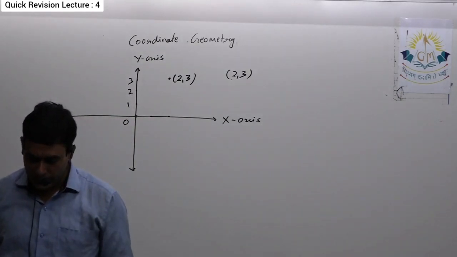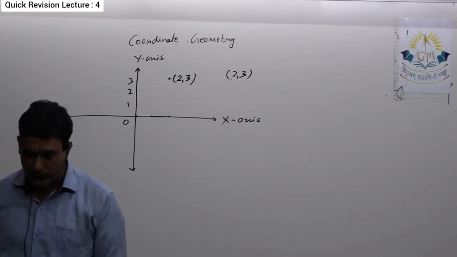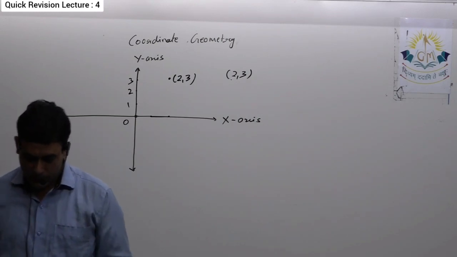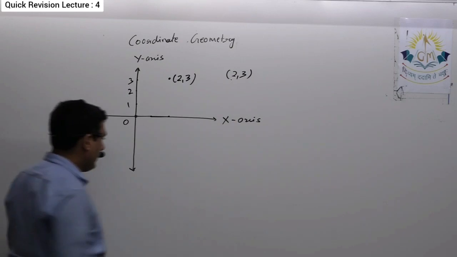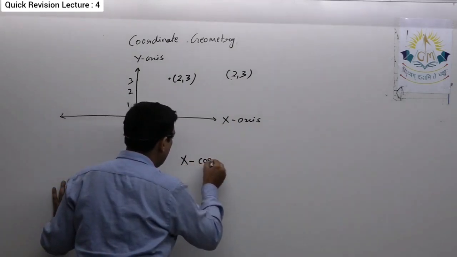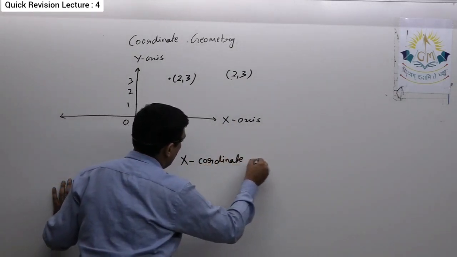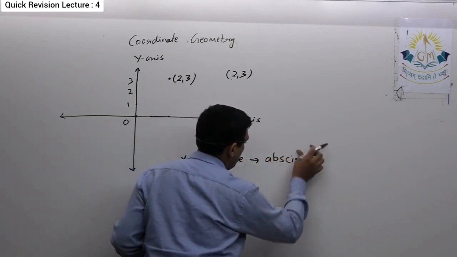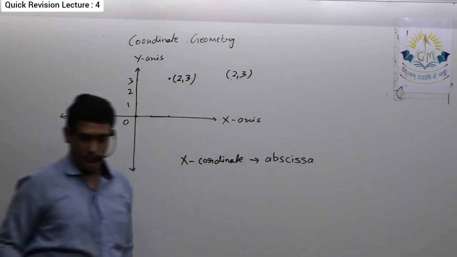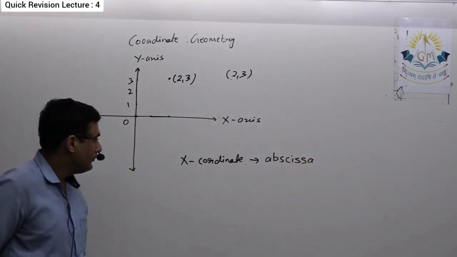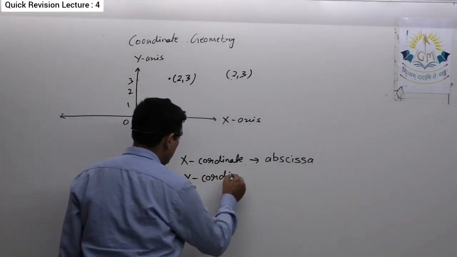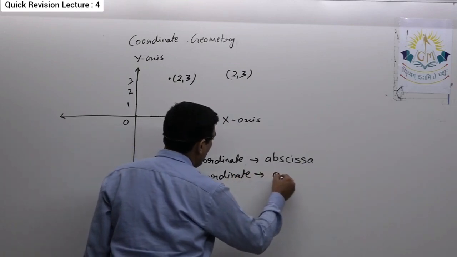Now the x coordinate and y coordinate have some special names. The x coordinate is called abscissa and the y coordinate is called the ordinate.